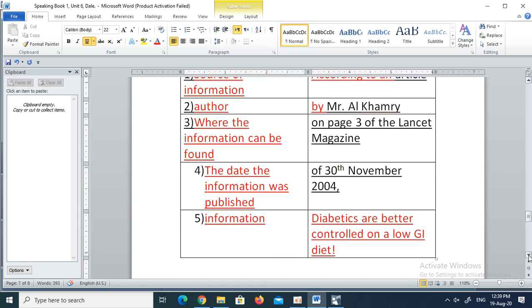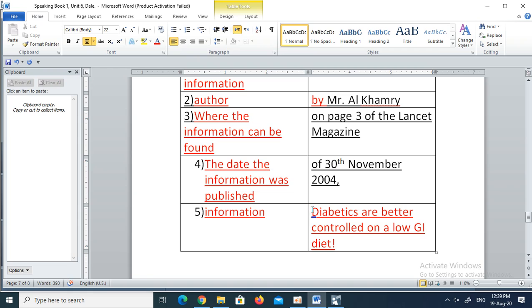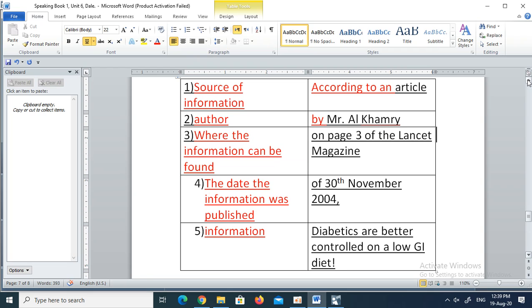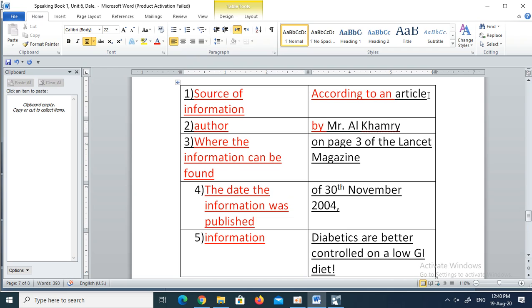And then I tell you the information in the actual article. Diabetics are better controlled on a low GI diet. Okay. Now, we can use this format whatever the information was. So it doesn't have to be an article.